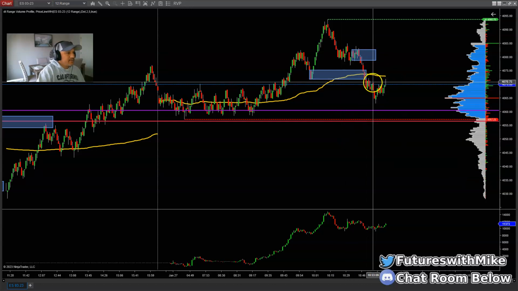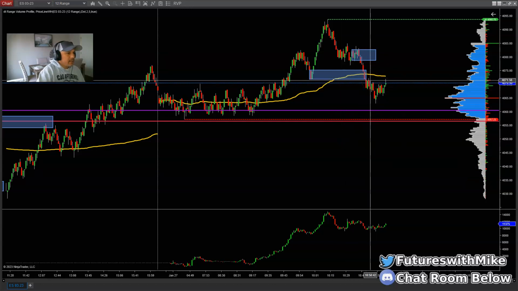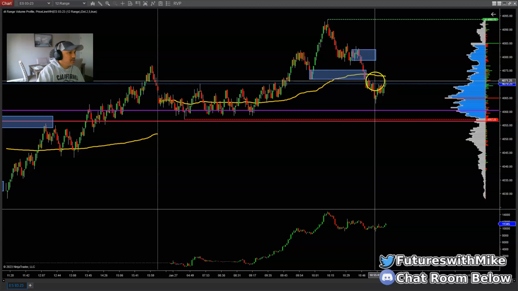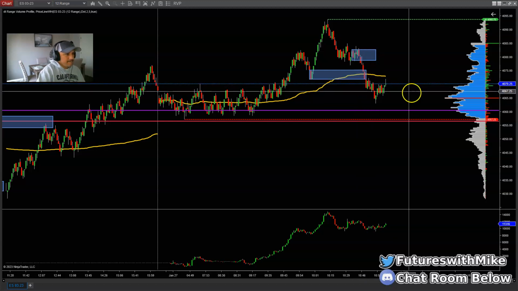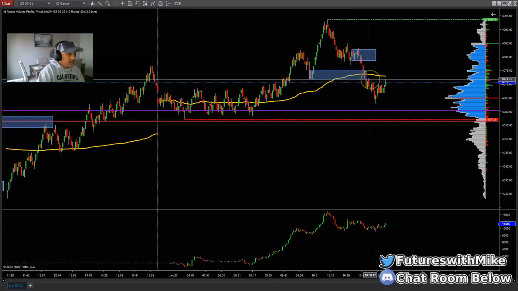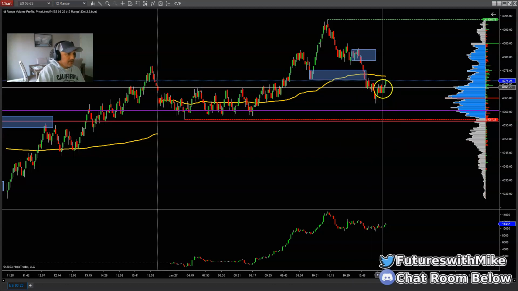I need to see it break above this area here, around 72. Come on, break above. If it does, I'm going long.